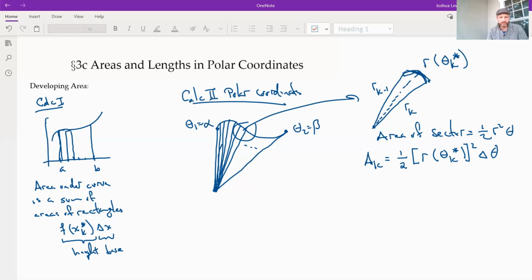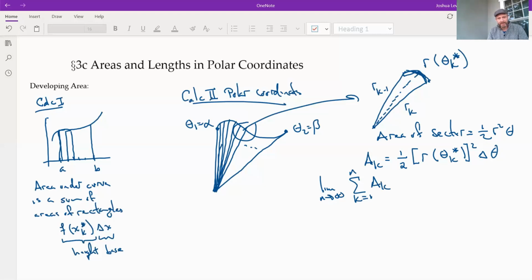So if I want the actual area, I'm going to sum these from 1 to n, and then let n go to infinity.